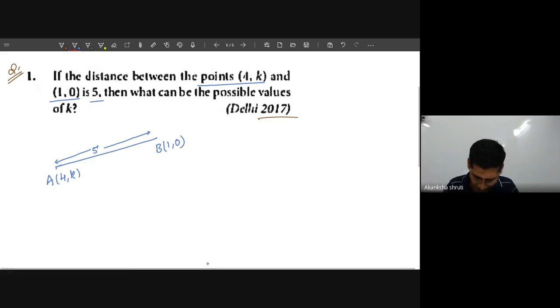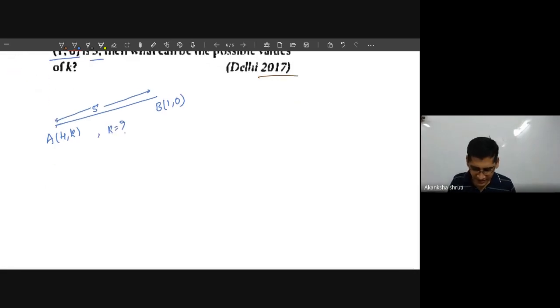Then we have to calculate the value of k. If the distance is known, it means the distance formula can be applied.